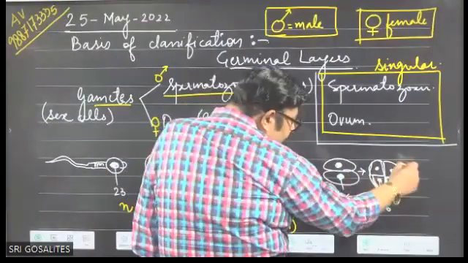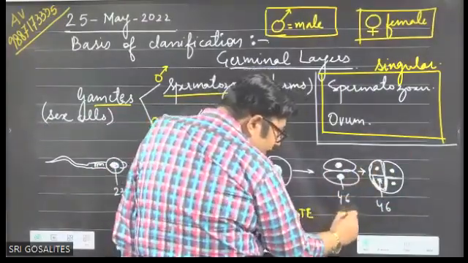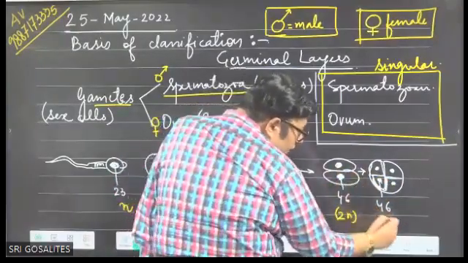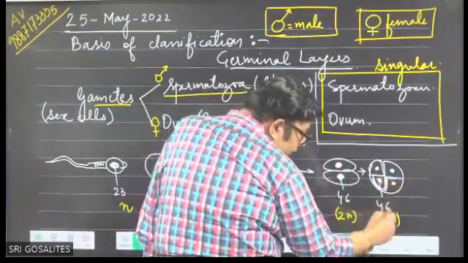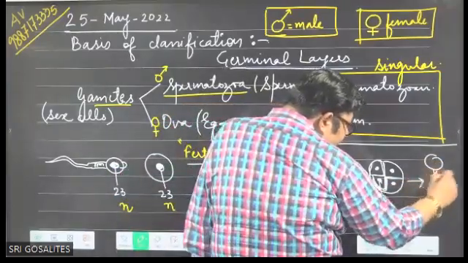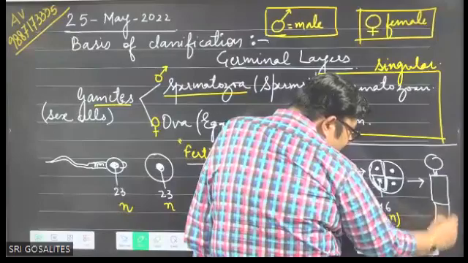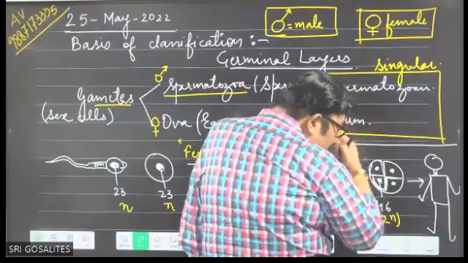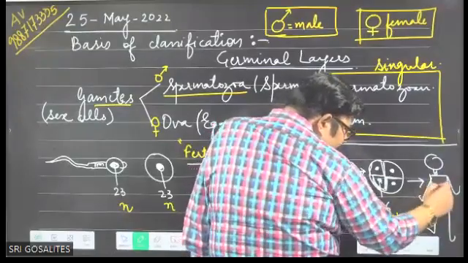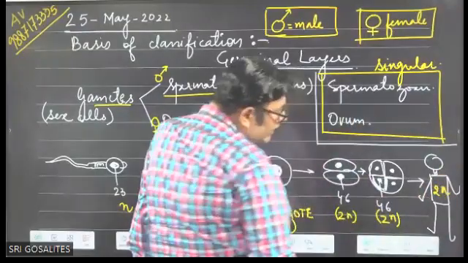And all the resultant cells that you see, all these are 2n, isn't it? These 2 are 2n. All these 4 are 2n. And all these cells in my body, having millions of cells today, they all have 2n, meaning 46 chromosomes. So rather than writing 46, I can simply write that all have 2n.